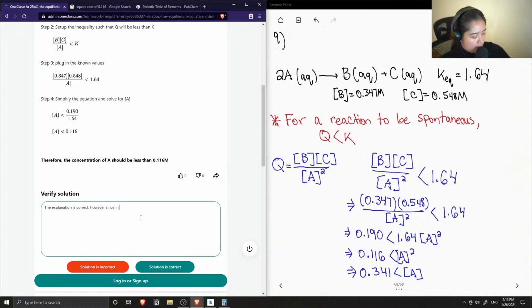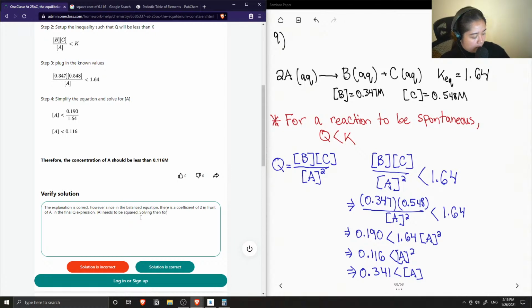However, since in the balanced equation there is a coefficient of 2 in front of A, in the final Q expression, the concentration of A needs to be squared.